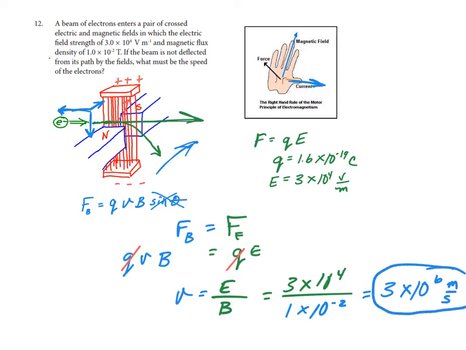So the electron will have to be going just the right speed in order for this to happen. If the electron is going faster than this velocity, then the magnetic force would be greater and it will curve down. If the velocity is slower than this, then the electric force will be greater and the particle will move up. But at this very specific speed, the two forces will cancel each other out.